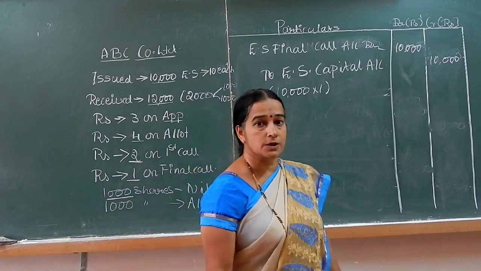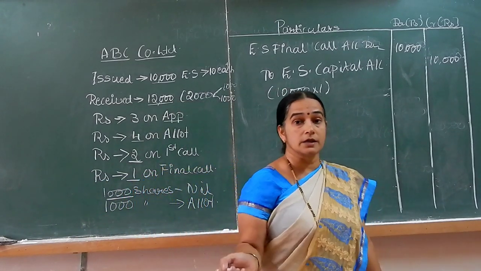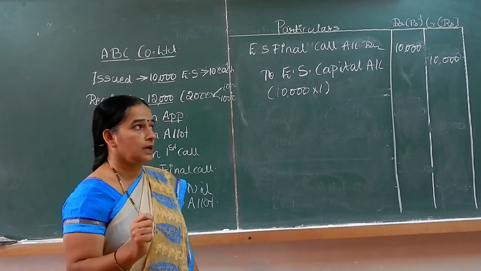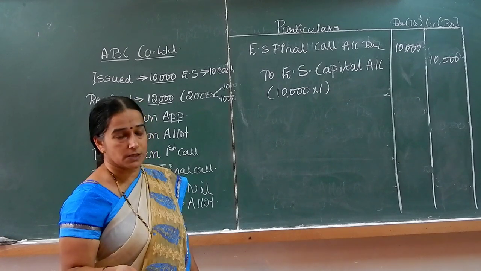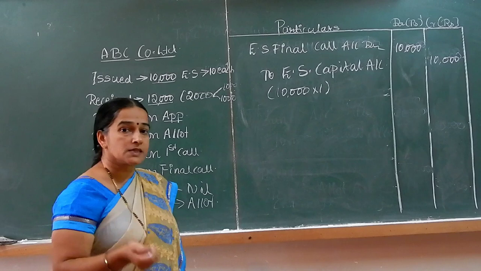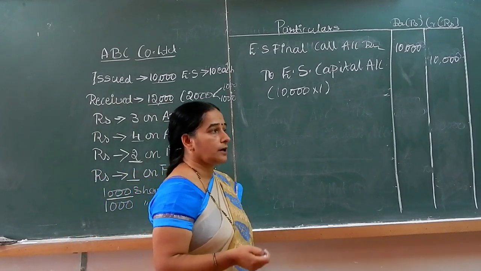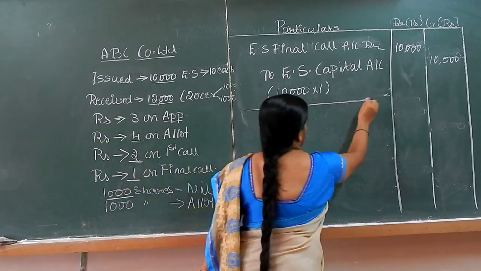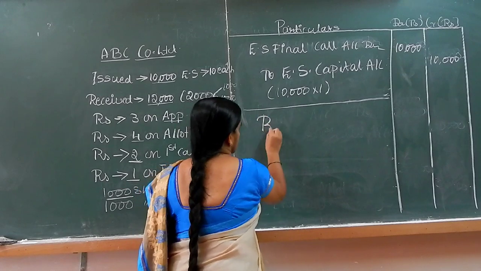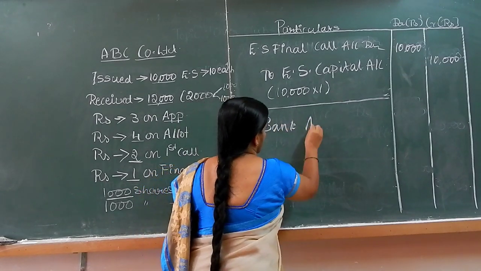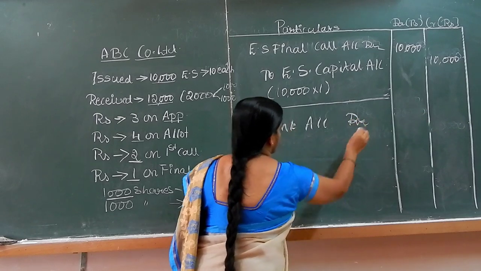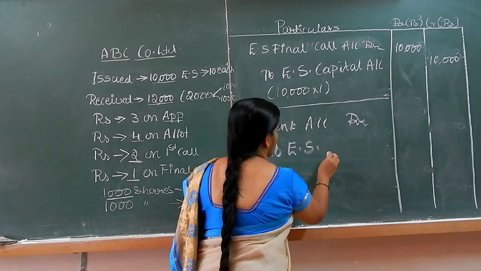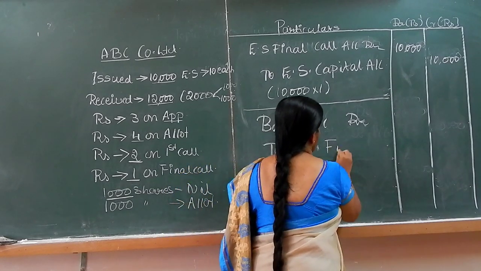So after sending the notice, the shareholders will pay the money, meaning the company is going to receive the money. So what is the full amount the company has to receive now? That is 10,000. While receiving the final call on 10,000 shares, one more entry has to be made: bank account debtor to equity share final call account.